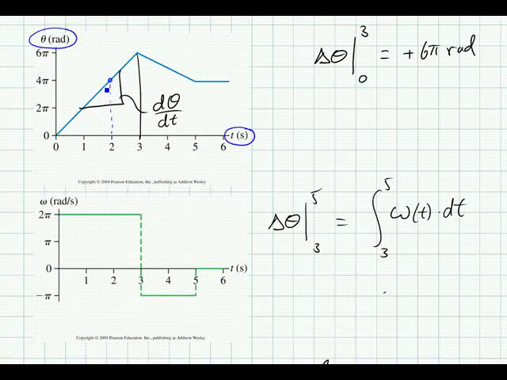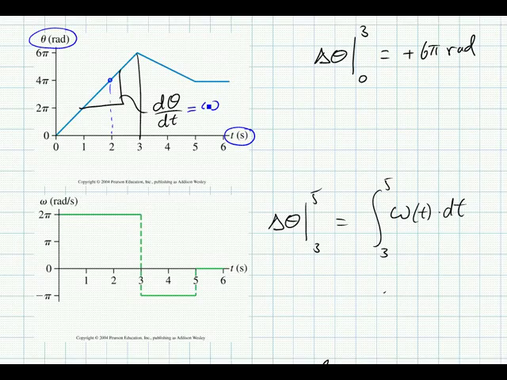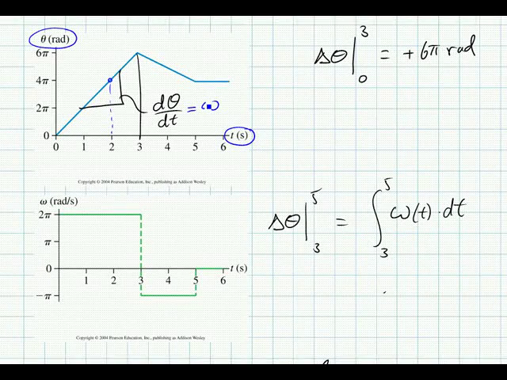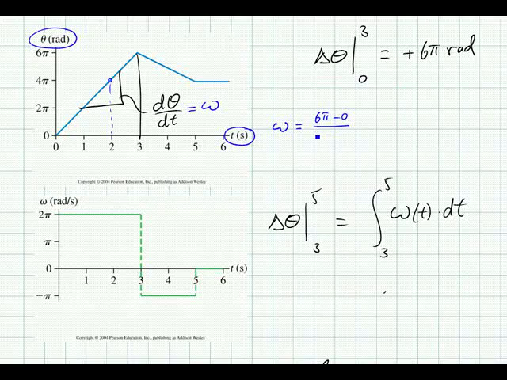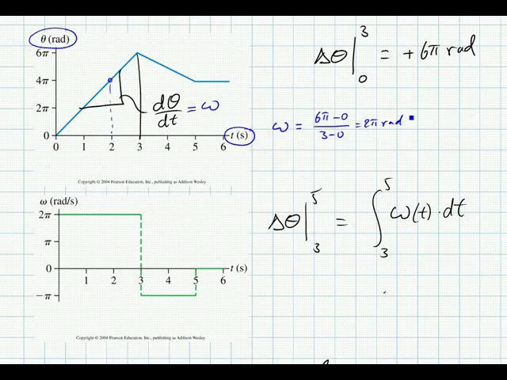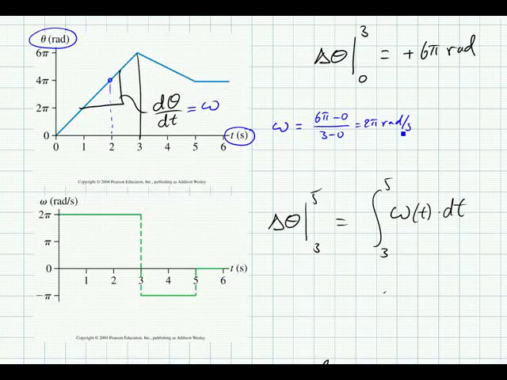The slope of a position versus time plot gives you your velocity. So the slope of angular position versus time gives you your angular velocity. So in this case, our omega is simply 6 pi minus 0 divided by 3 minus 0, which is 2 pi radians per second. So that's the angular velocity of the object at 2 seconds.